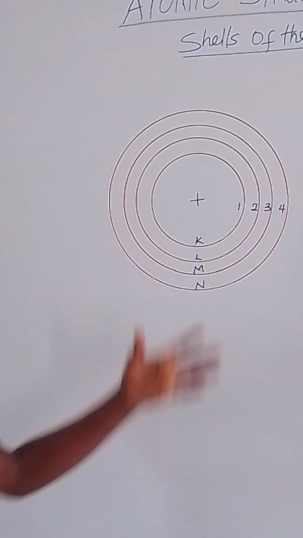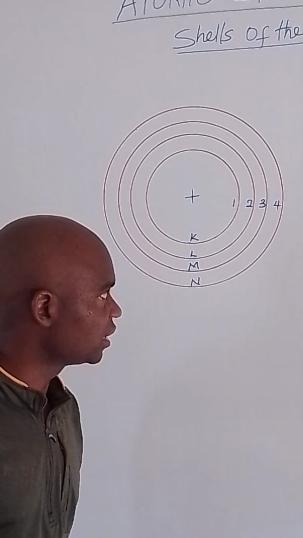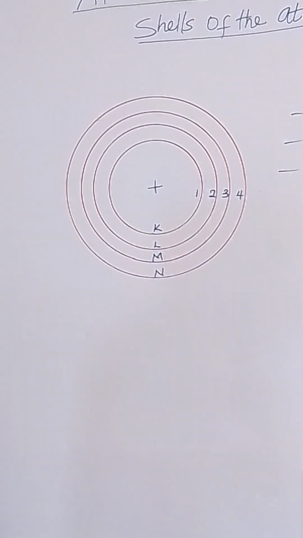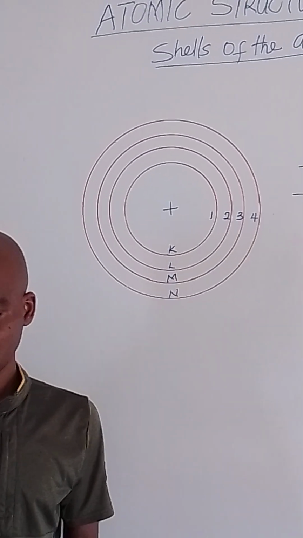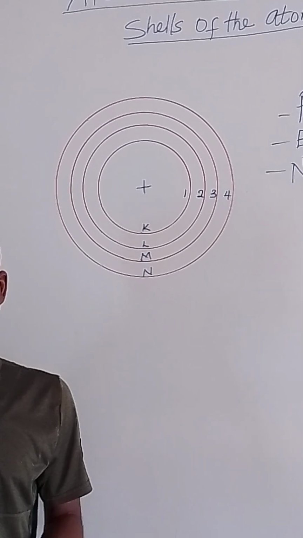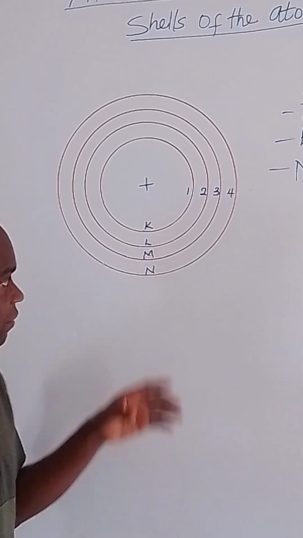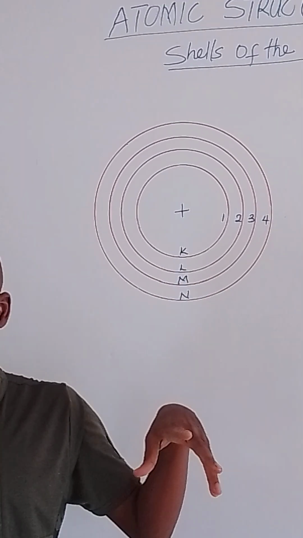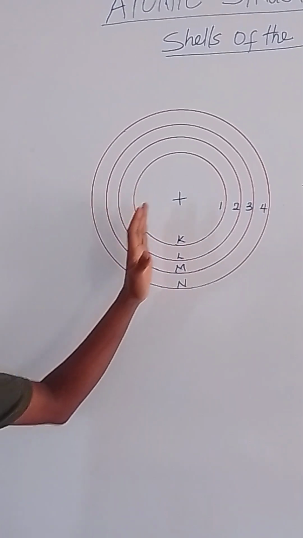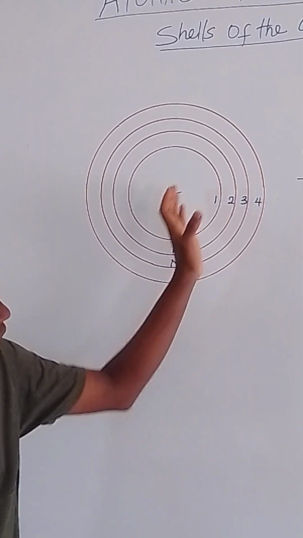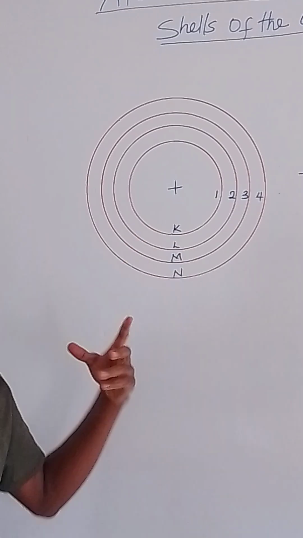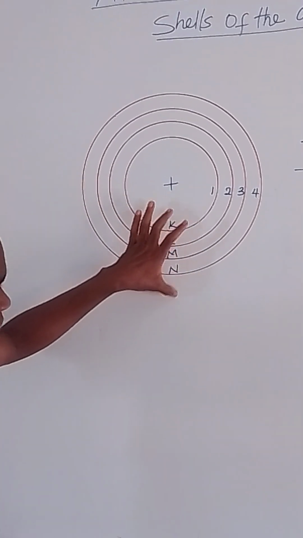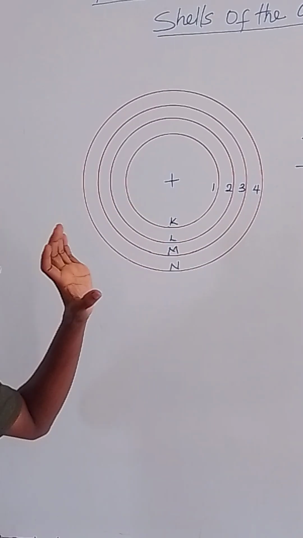We can also refer to this energy level as the principal quantum number. The energy of K shell is the least, while those of L, M, N increase progressively as we move outward from the atom.